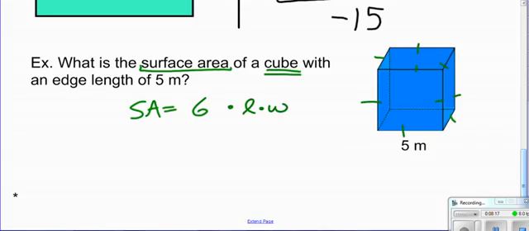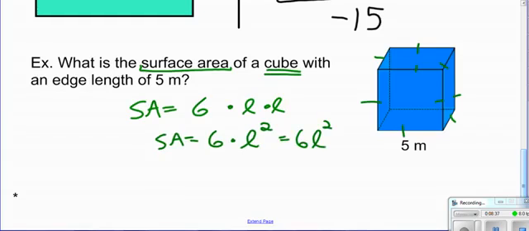But on a cube, each face is a square, so each side length is the same. So it's going to be length times length, or width times width, or height times height. And so we can write this as surface area equals 6 times length squared, or we might just see it as 6 length squared, or 6 width squared, or 6 height squared, whatever.